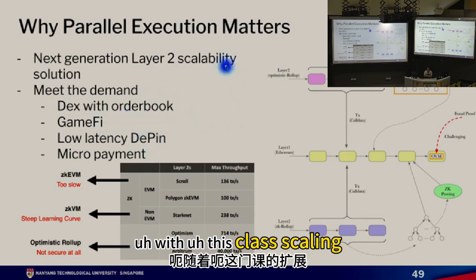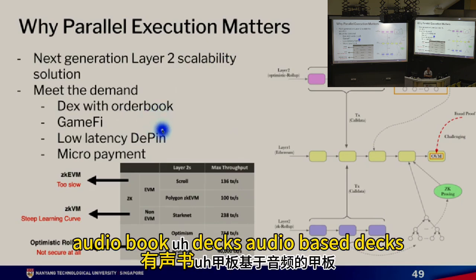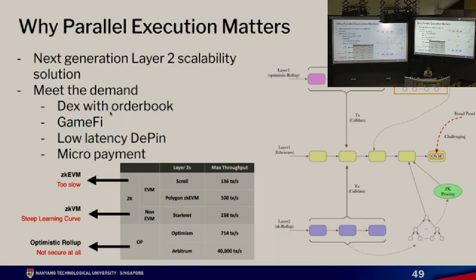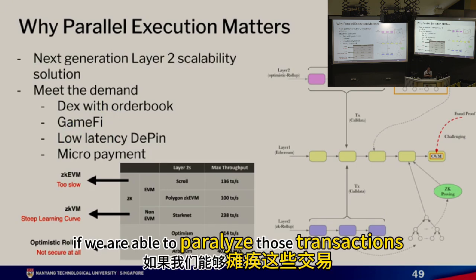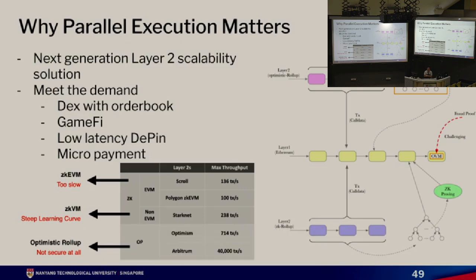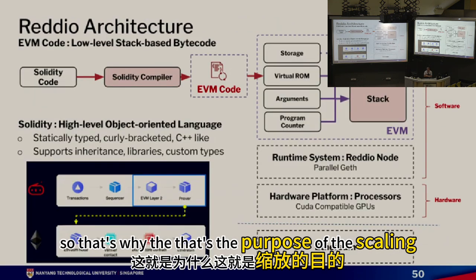With this client scaling, you actually can do order book scaling, order book-based DEXs. And also a lot of games, we talk about a lot of transactions happening in memory. If we are able to parallelize those transactions on the client side, we are able to enhance the performance pretty much. So that's the purpose of the scaling.